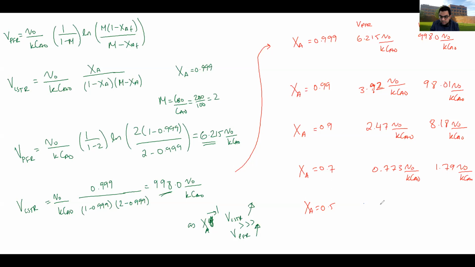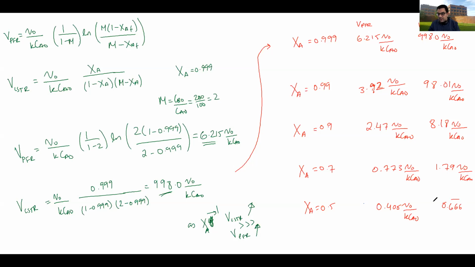So this is 0.405 V naught over KCA naught, and for the CSTR in this case it's 0.66.